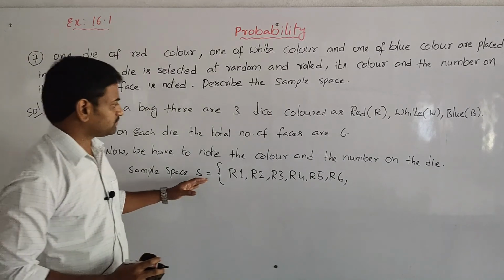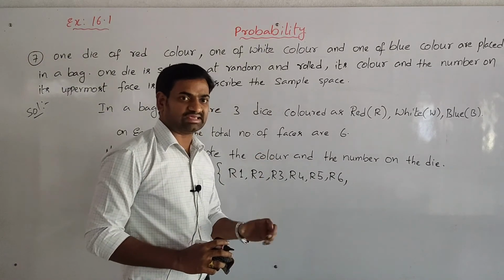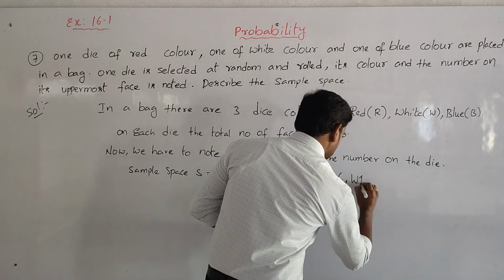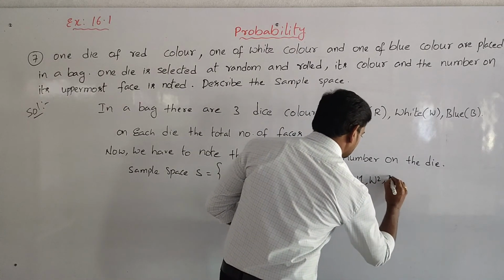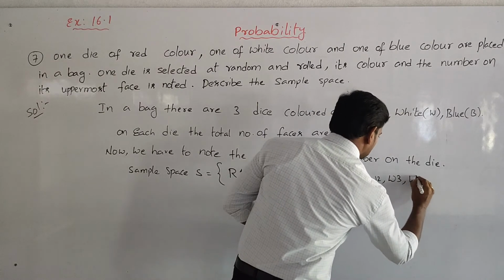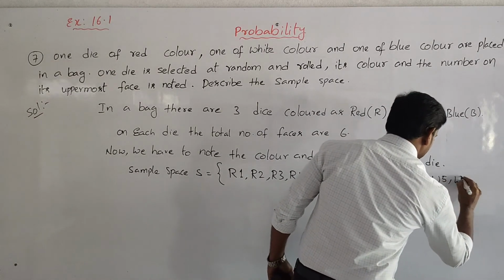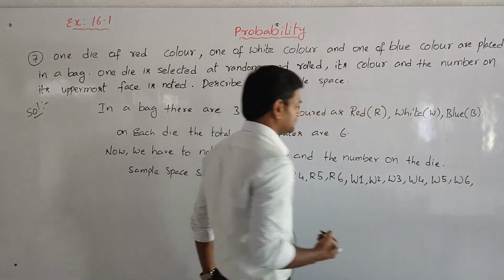Next, if we take the die is white, so W1, W2, W3, W4, W5, W6.